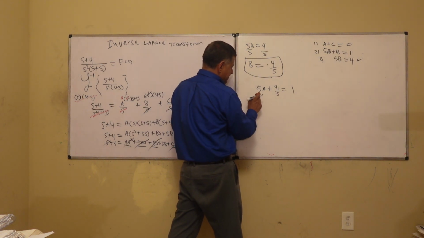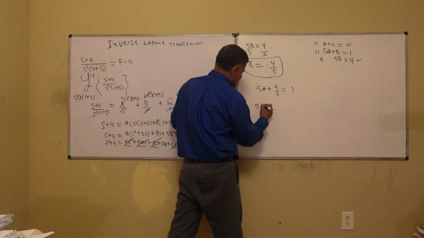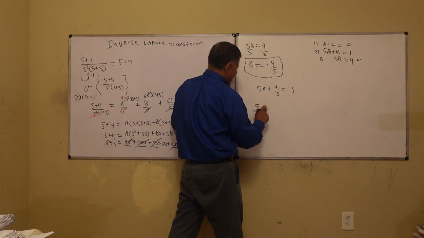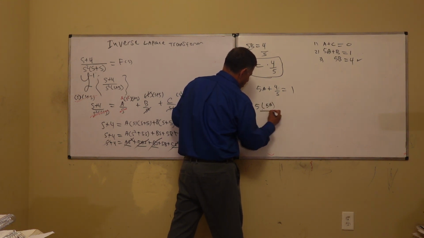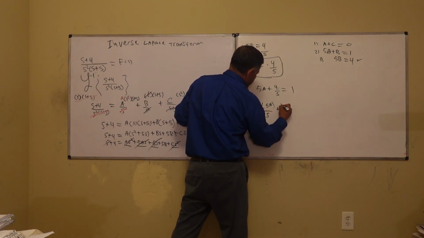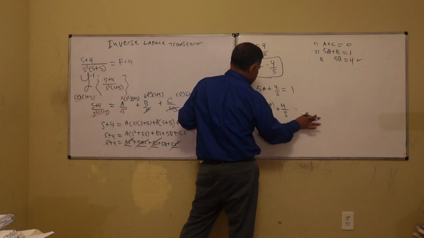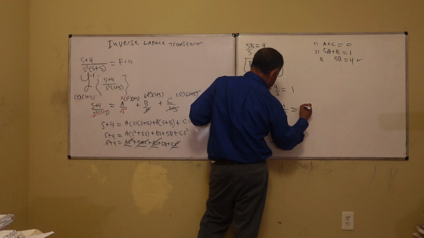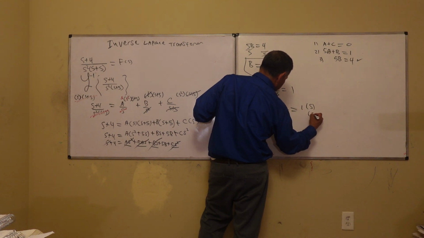So I can multiply by 5 across, and I get 5 times 5a over 5 plus 4 over 5 is equal to 1 times 5 over 5, right?